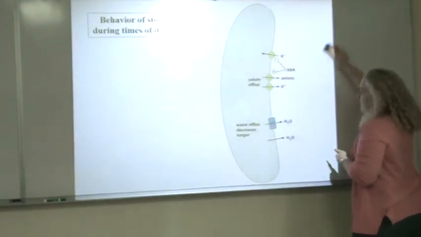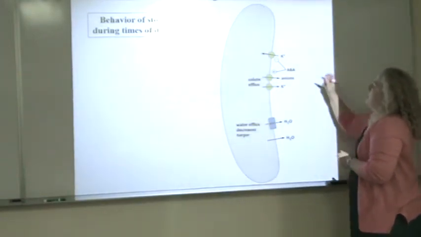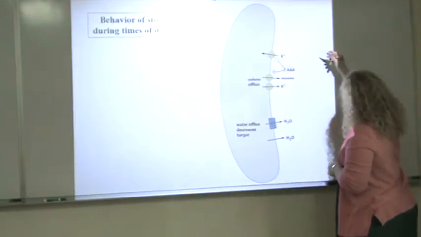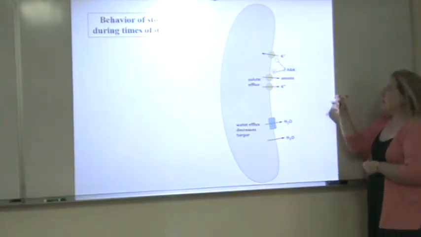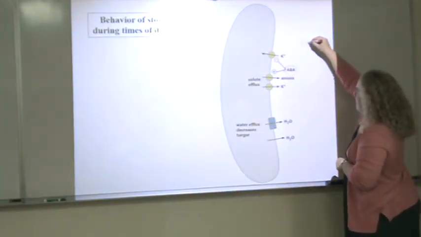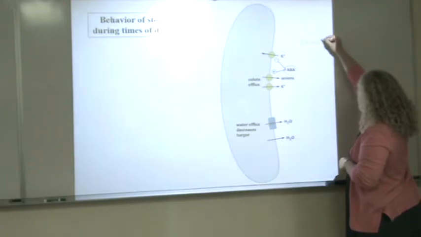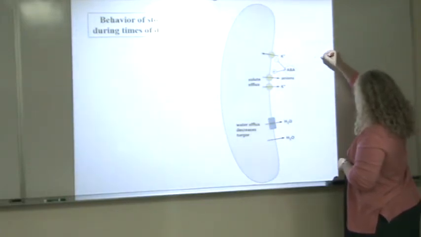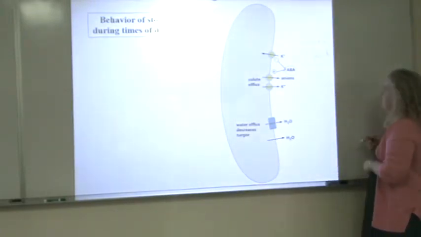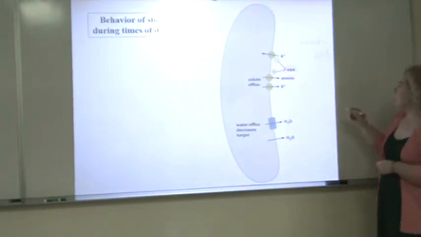Okay, so now we're looking at drought situation. This chemical, ABA, it stands for abscisic acid, and I'm going to write that up here, abscisic acid, ABA.